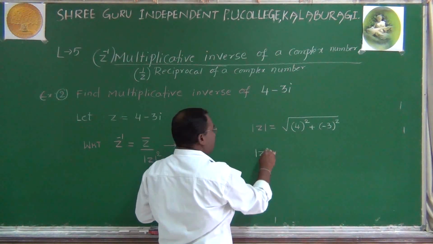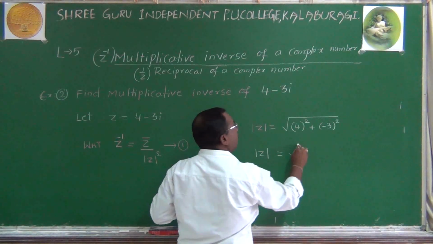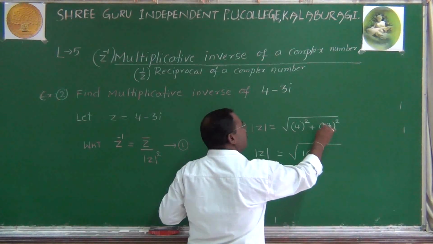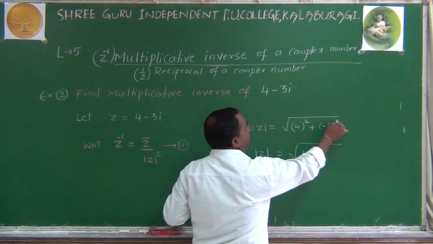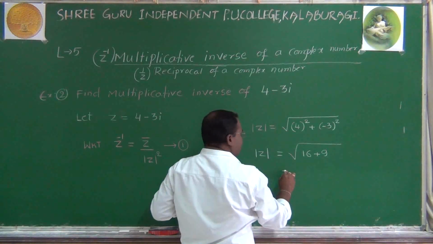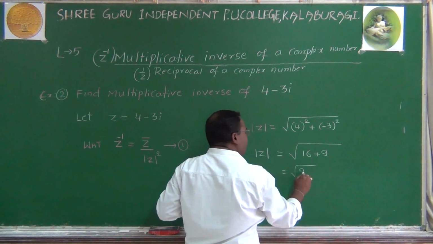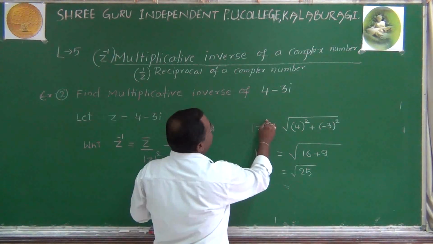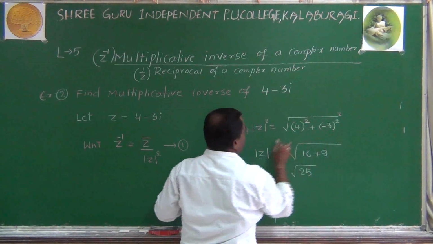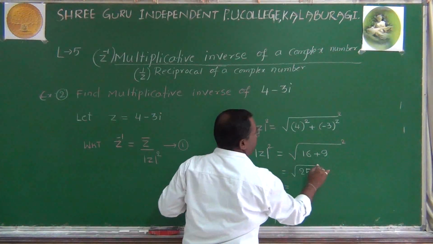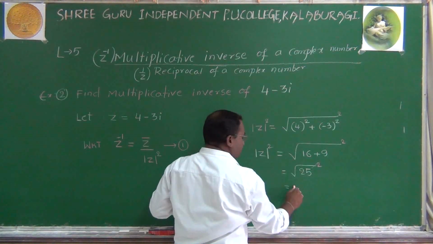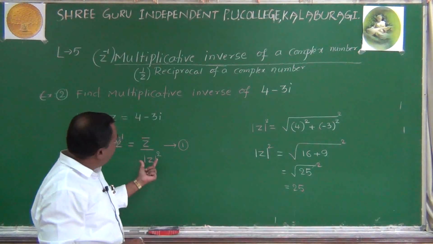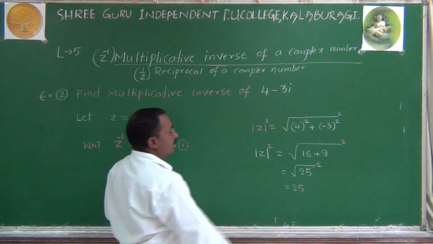So modulus of z is the square root of 16 plus 9, since a negative squared is always positive. 16 plus 9 is 25. Square and root get cancelled. The value is 25. This is the modulus of z whole square.